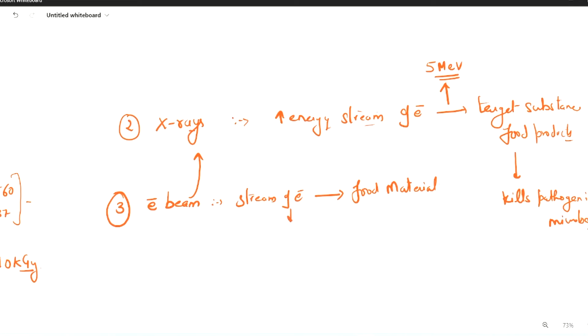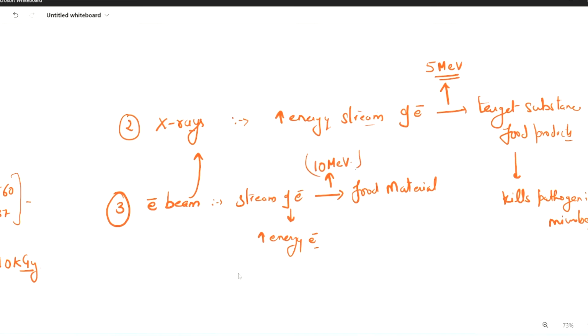The dose of electron beam which is used for the food material is 10 million volts.